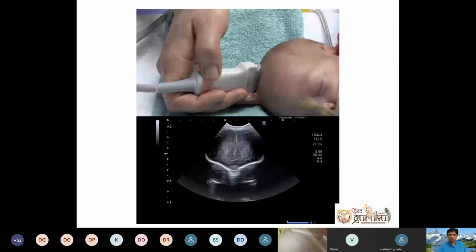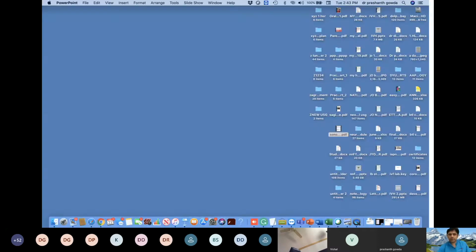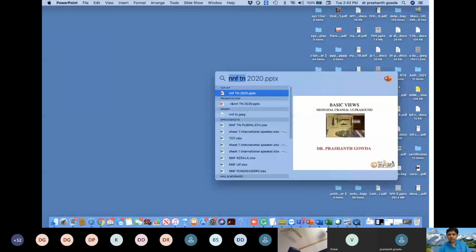So my voice is audible. One second. So now we are taking the ultrasound images we are moving.